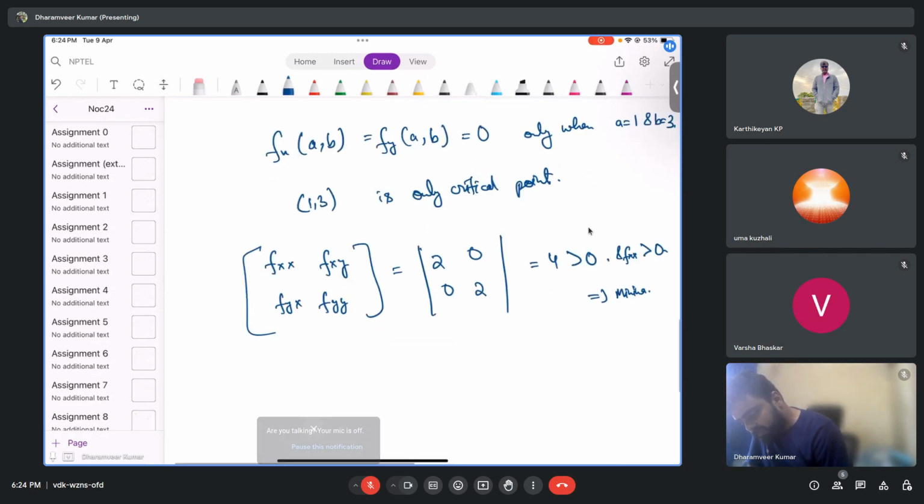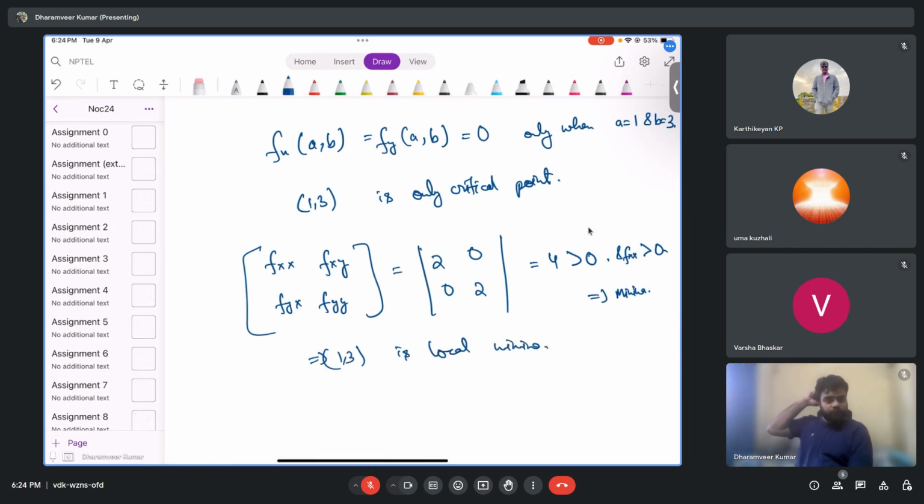That implies 1 comma 3 is the local minimum. Okay, so if you look at it, it says positive definite.